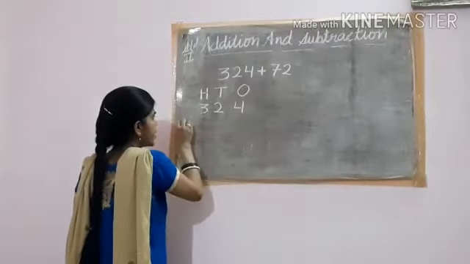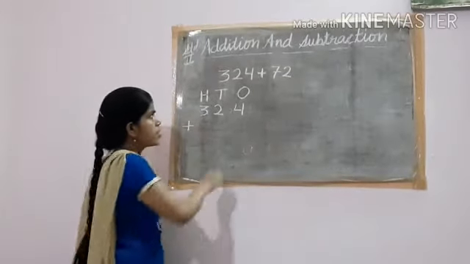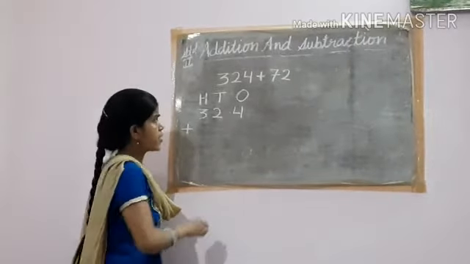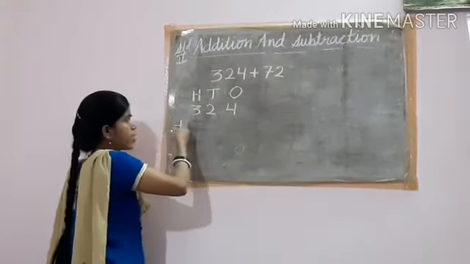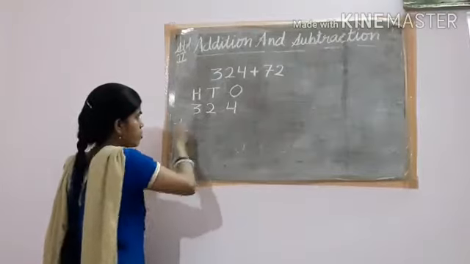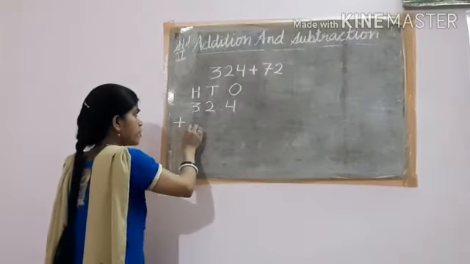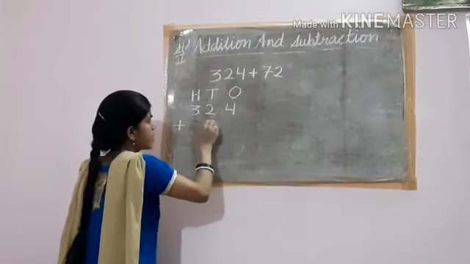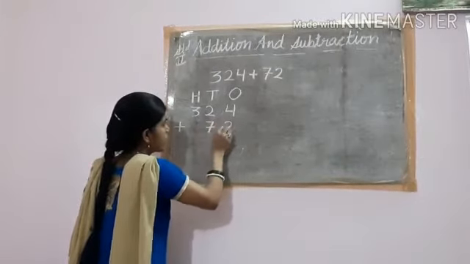Now the sign of addition, don't forget to give this. Then the second number is only 2 digits, that is 72. So you leave the hundreds place blank here, or if you want you can put 0. Then 7 will come at the tens place and 2 at the ones place.